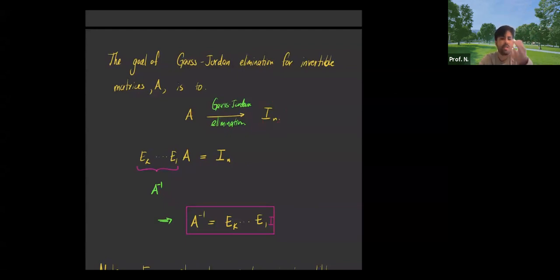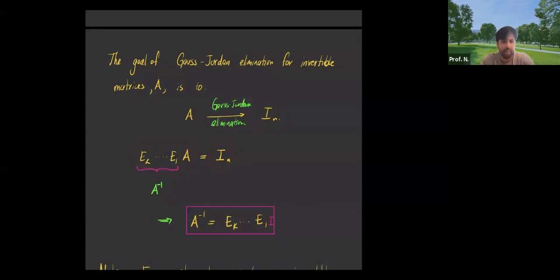Because we saw that there's a connection between row operations and elementary matrices, right? For every row operation, there exists a matrix that represents that row operation, and we call them elementary matrices. We perform a set number of them so that when I apply all of these elementary row operations to A, I get the identity.